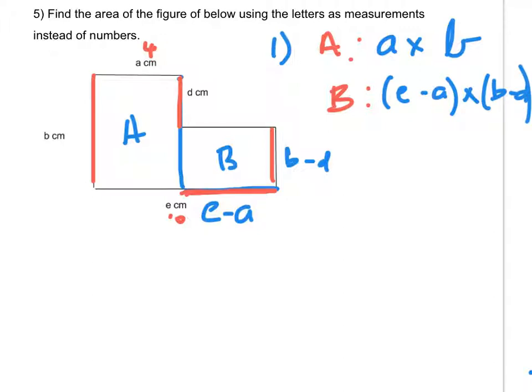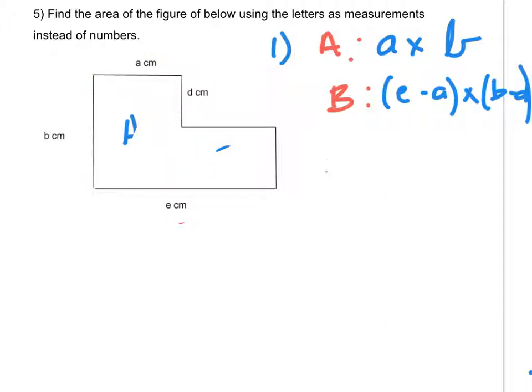And then what do we do with all of them? I'm going to erase some of these things here just to give me a bit of space. You add them up, don't you? So I'm going to do that now.